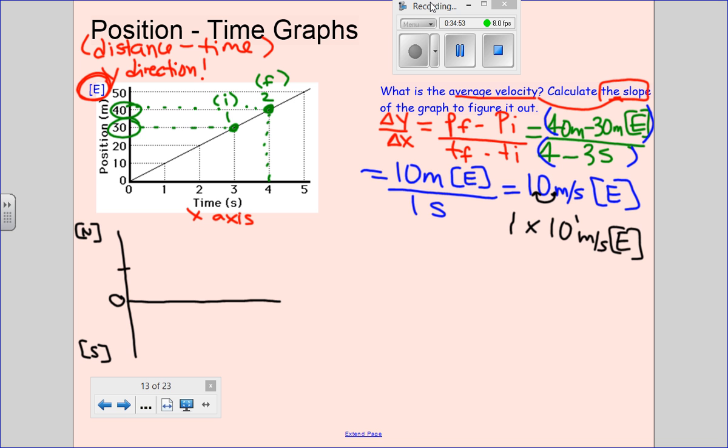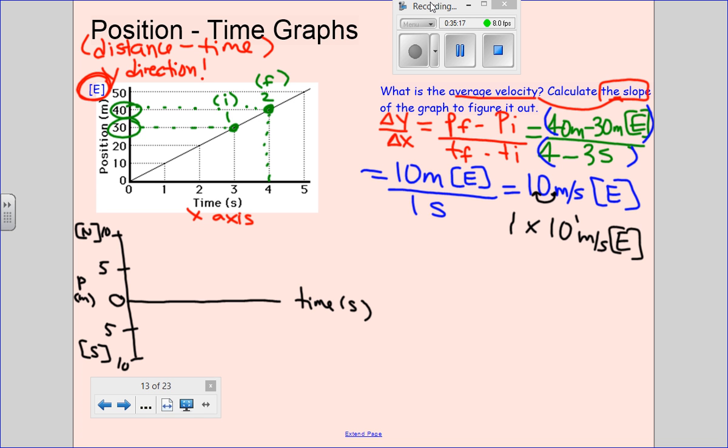Let's just imagine a couple of lines. Let's put a 5 and a 10 and a 5, and a 10. Now I'll still have position in meters as my axis label. I'll still have time in seconds as my x-axis label.